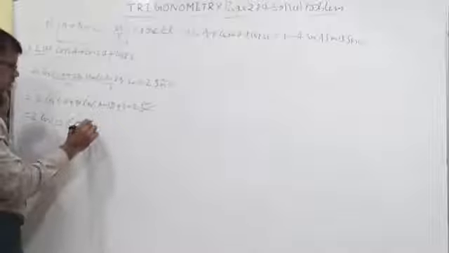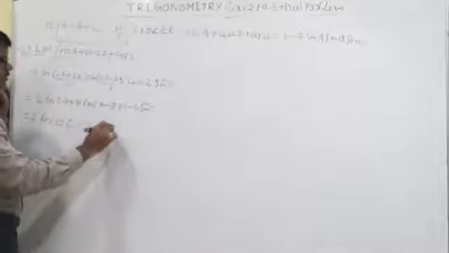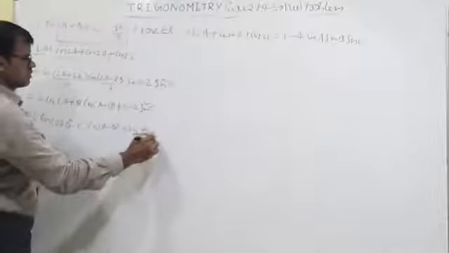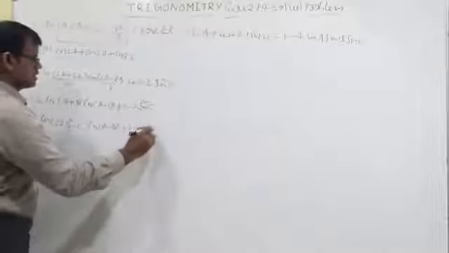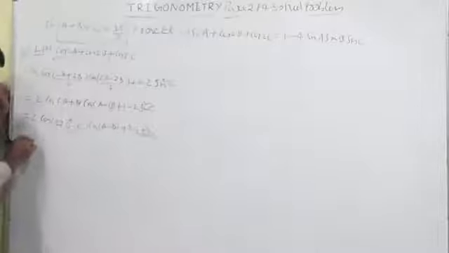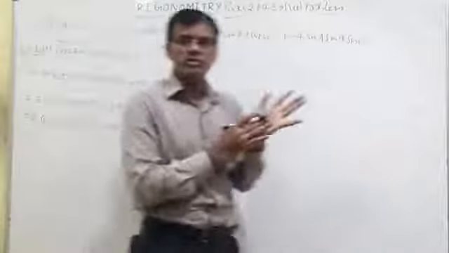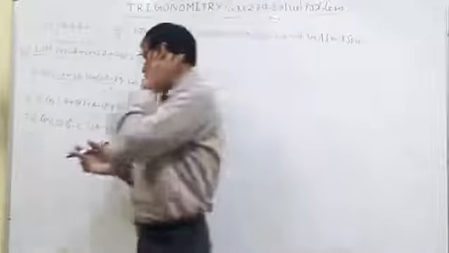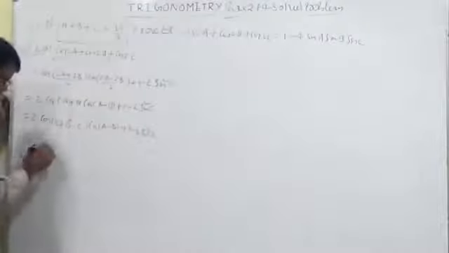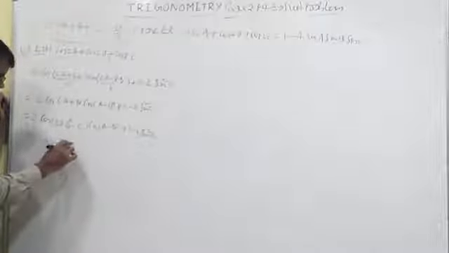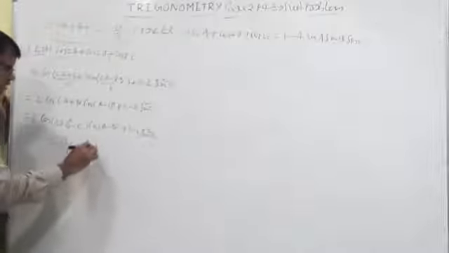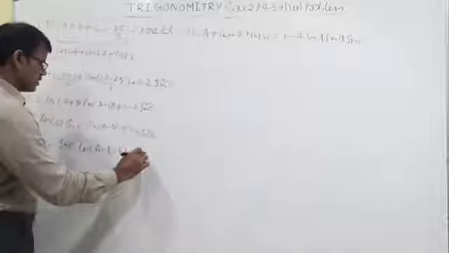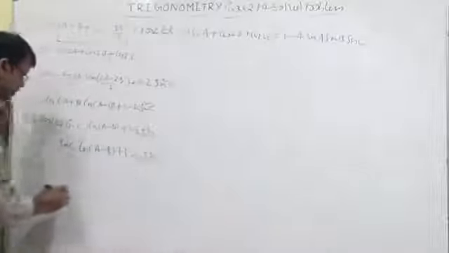So apply 270 minus C: cos of 270 minus theta becomes minus sin theta, because 270 minus theta means third quadrant. So write here minus 2 sin C into cos of A minus B plus 1 minus 2 sin square C.